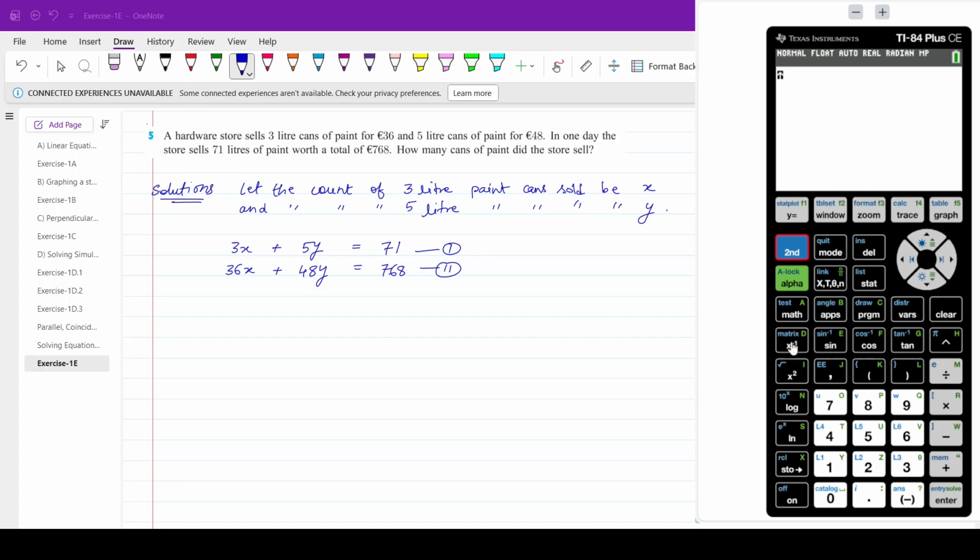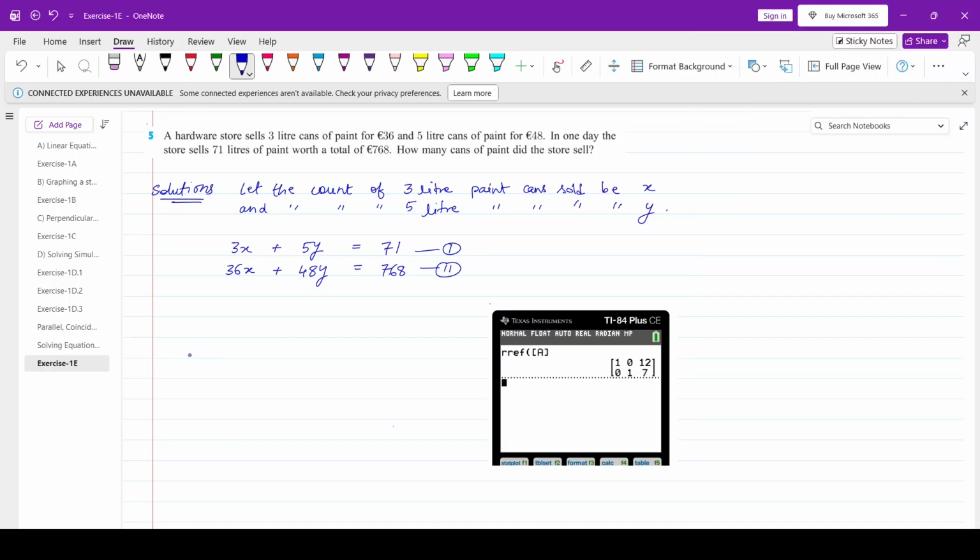I'll quit, I'll go to matrix again. I'll go under math section and use ref and choose matrix A. The value of x is 12 and the value of y is 7.